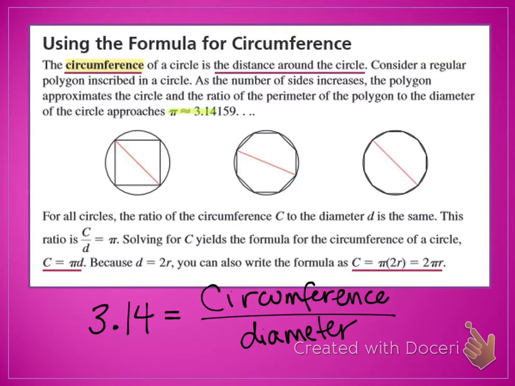You can't exactly take a ruler and measure a circle, so you would take something like a string and measure all the way around the circle. Then you would lay it out and measure the circumference, then measure the diameter, and you divide them, and guess what they equal?